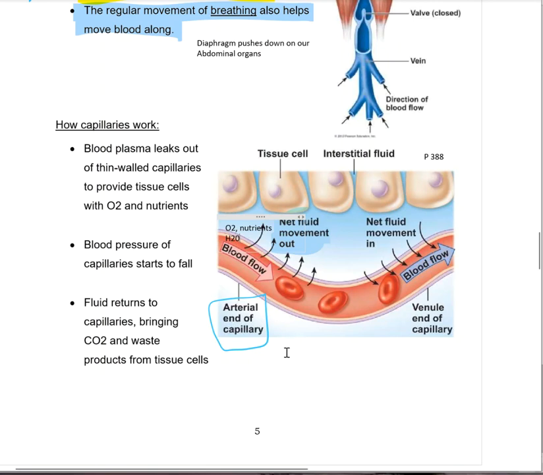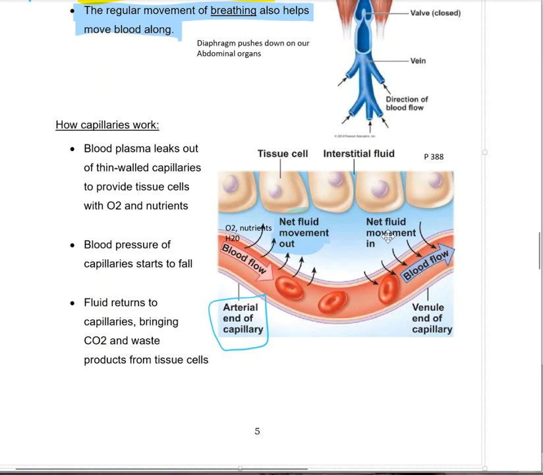If fluid leaves, water is going out. All right? And that will allow oxygen to go to the tissue cells, nutrients to go to the tissue cells, and water to go into the tissue cells as needed. It always goes into the interstitial fluid first, and then it diffuses from the capillaries to the interstitial fluid and then into the cells themselves.